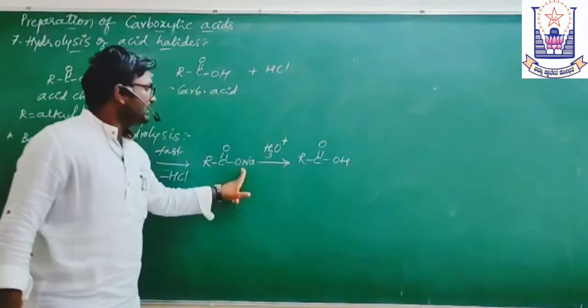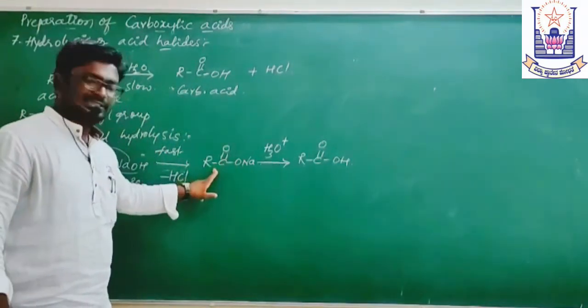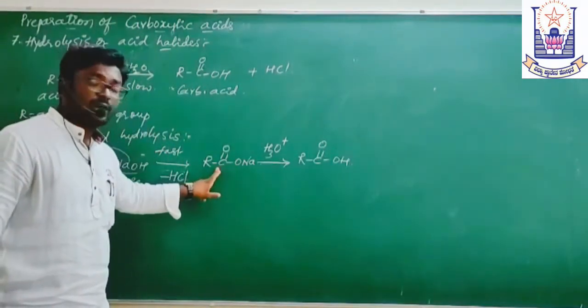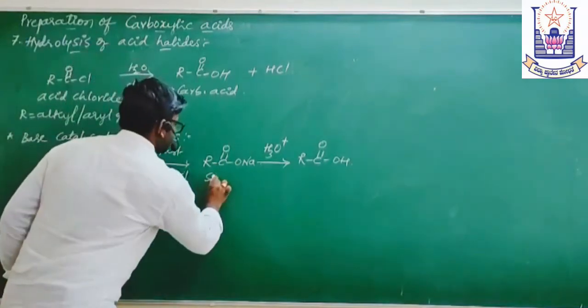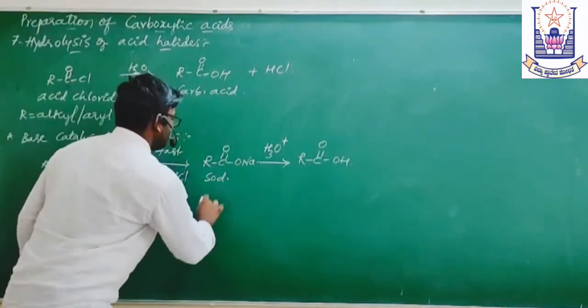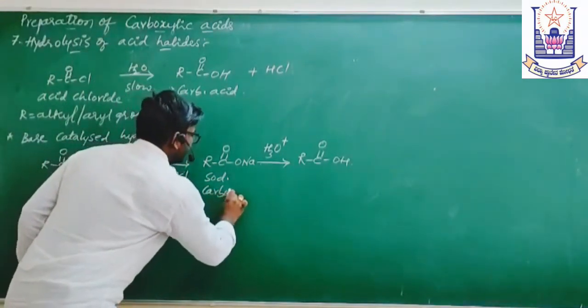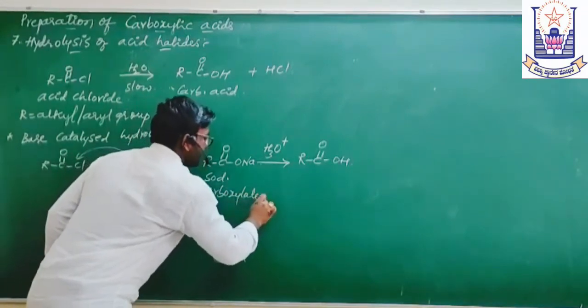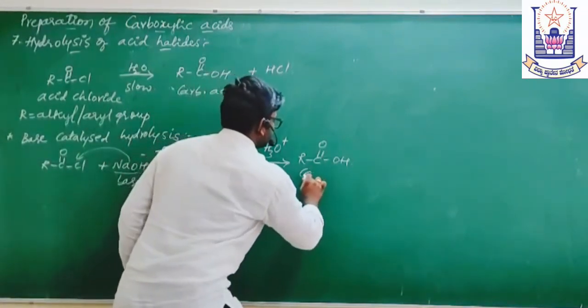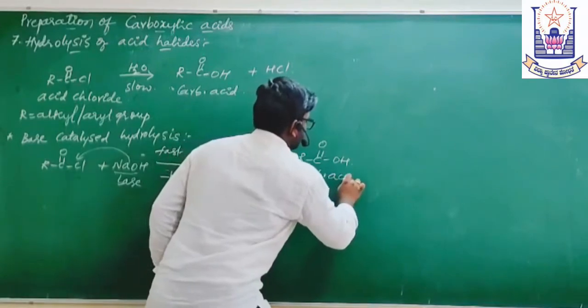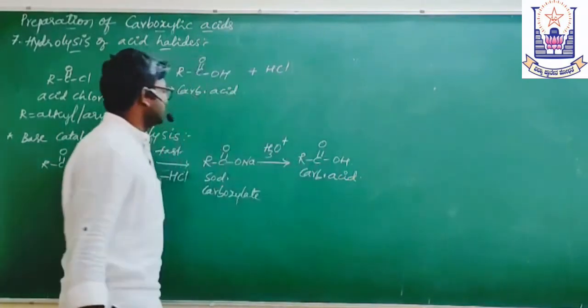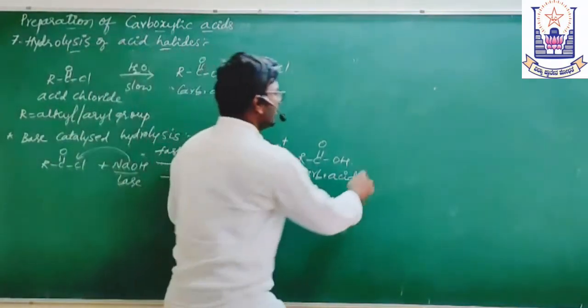This is called sodium carboxylate, or sodium salt of carboxylic acid. This is the carboxylic acid, and the byproduct will be NaOH.